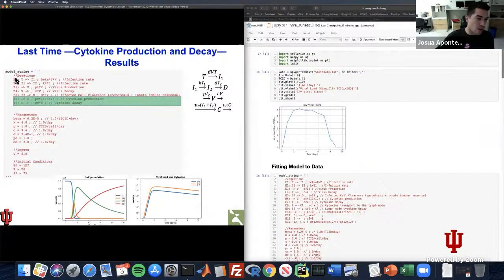So we included the cytokine production and decay in our original model, with a constant rate of production by both early and late infected cells, and then a decay rate. And then what we see is that our cytokine curve mimics the viral load curve with two specific differences.